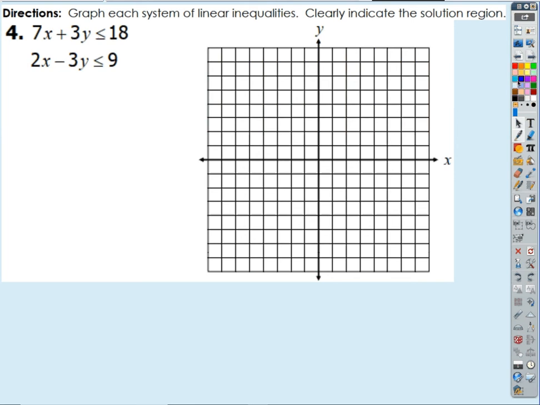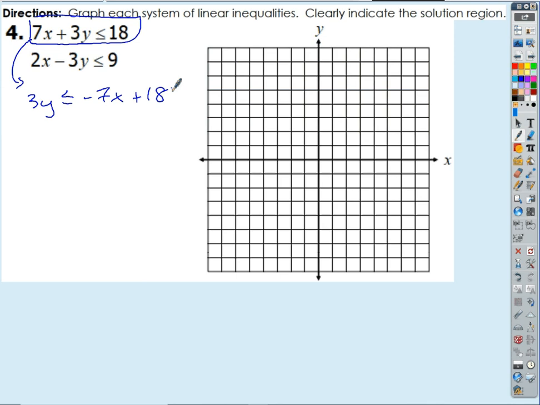What about the first one? This will be blue. What do I got to do there? Subtract 7x. First thing I got to do is push the x term. I'm going to isolate y, right? So first step would be we're going to get 3y is less than or equal to negative 7x plus 18. Everybody agree?